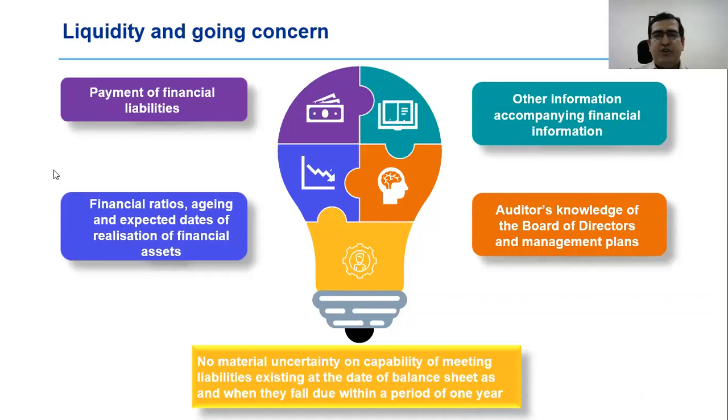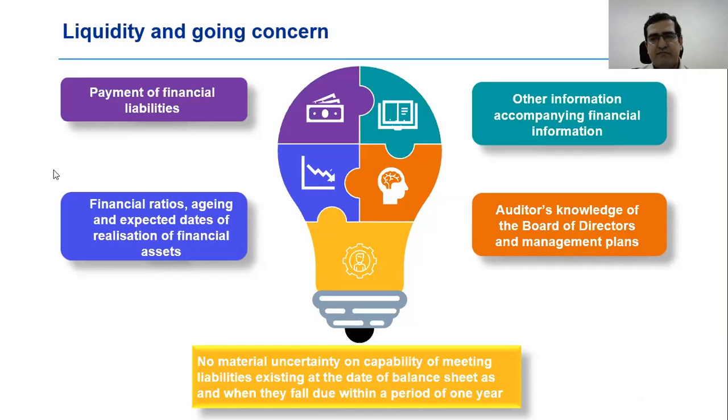Please use your understanding of the company, their management, their plans to see whether these liabilities can actually be met or not. Look at other information that one could see in the financial statements. The guidance note also hints that one could use ratios like current ratios to do this assessment.